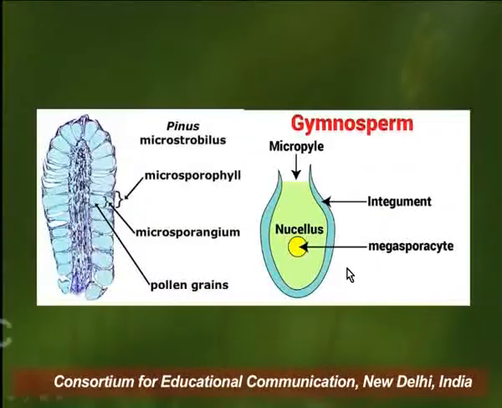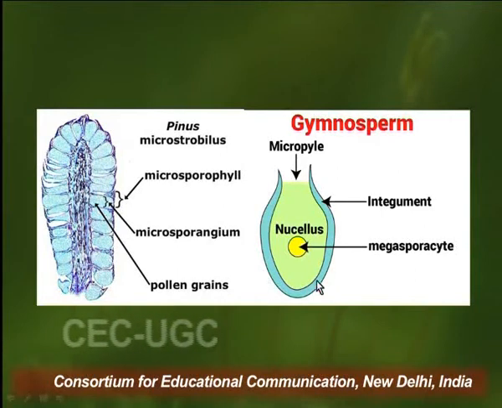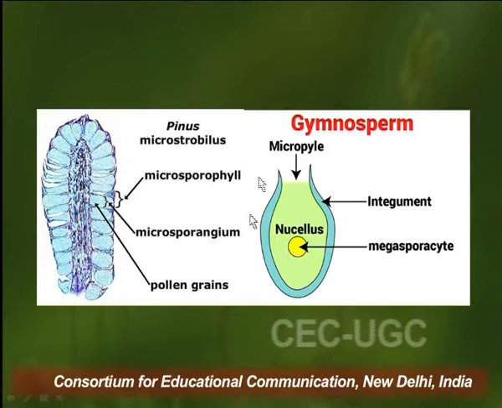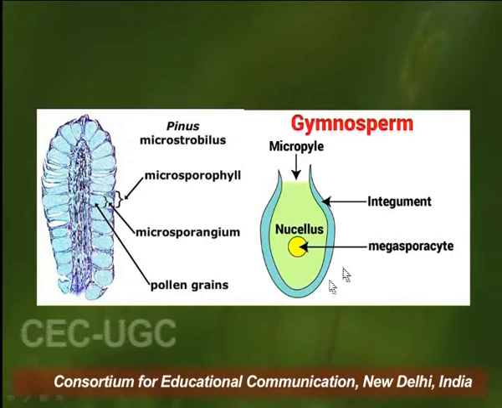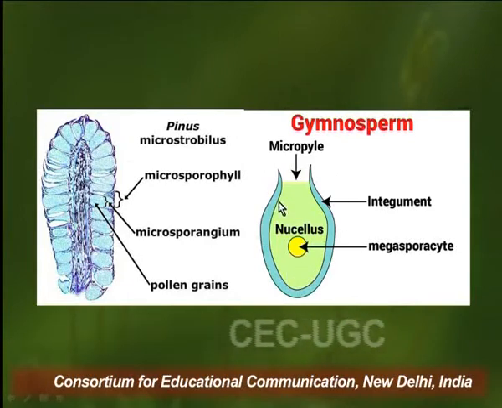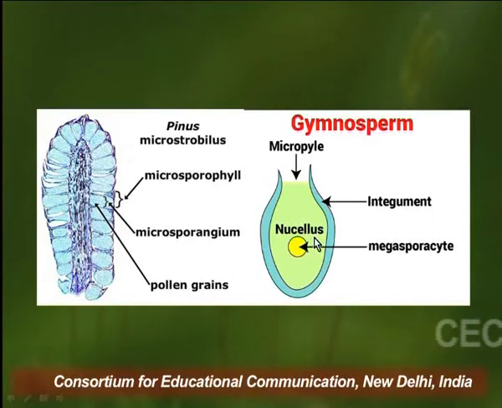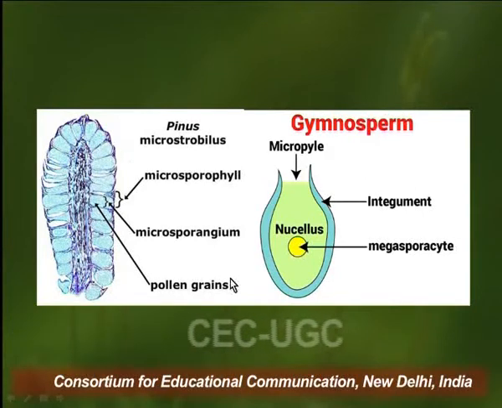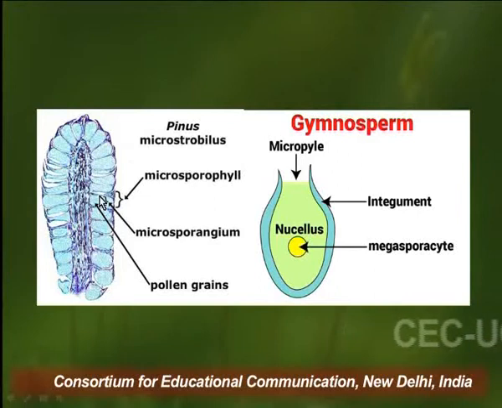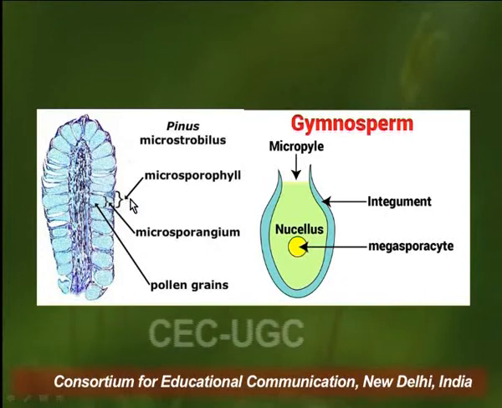Here is a typical representation of a microsporangium and a megasporangium, as you can see in the diagram. A megasporangium is represented by a single intact layer of tissue called integuments, which contains some diploid cells called nucellus, and inside the nucellus is found one megasporocyte. Whereas the microsporangium is found on the lower side of microsporophylls.